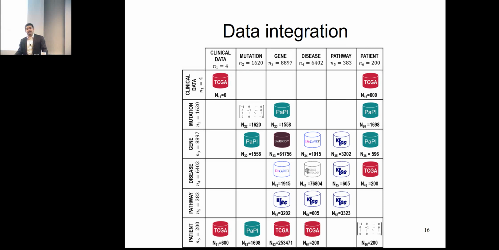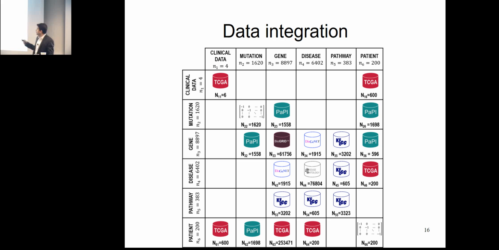Now, wouldn't it be nice to put everything, direct and indirect information, in one big matrix? Yes, this is exactly what I'm doing here. So this matrix is pretty big. Here is the number of columns, number of rows. It's a square matrix. It is a block matrix, and each block here is representing a data source. It is symmetrical.